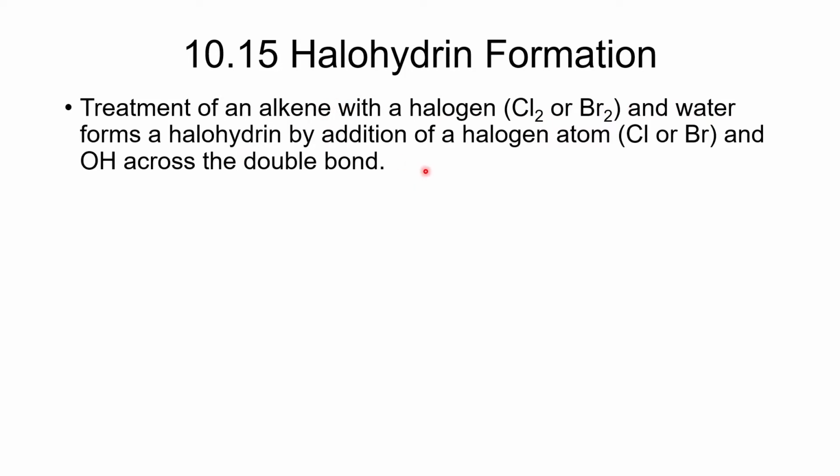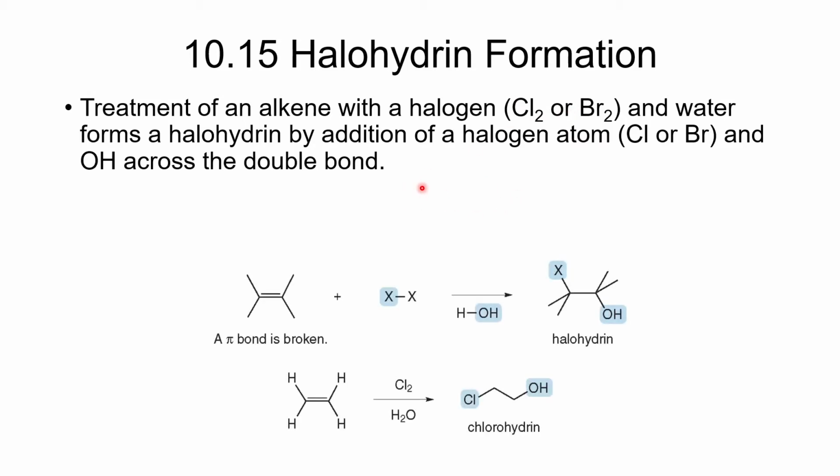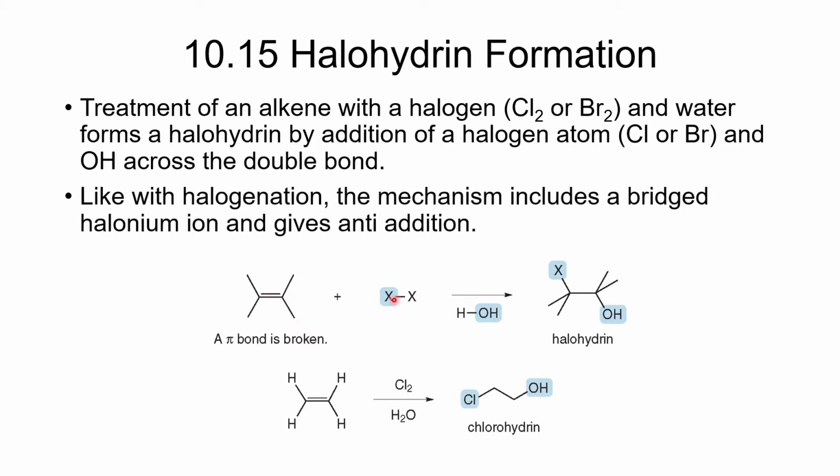with an alkene. We essentially add the chlorine and bromine to the double bond, and then water comes in and acts as the nucleophile. So when we do this, we're going to break the carbon-carbon pi bond, and we're going to add the halogen to it, and that will form a bridged halonium ion.